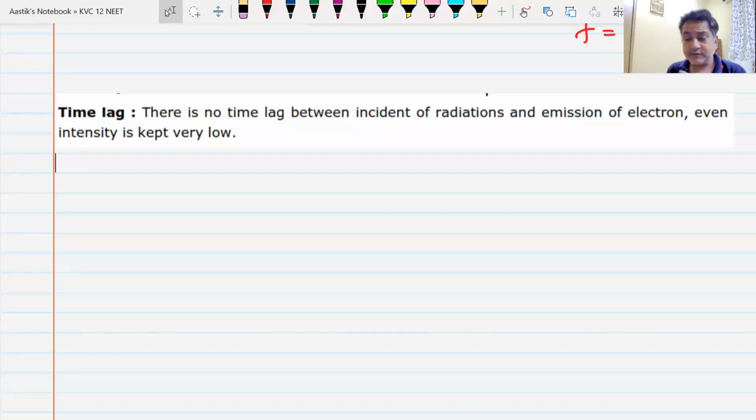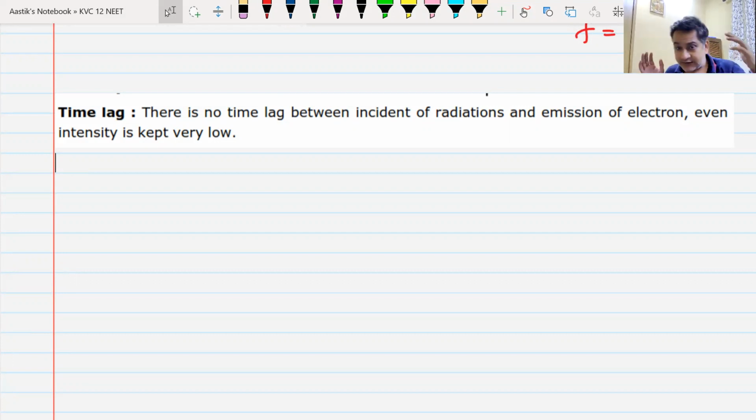Good. Okay. The next thing, probably the last of the things that you have to remember, is the time lag here. Now, this is an important aspect of this entire discussion because there are 3 or 4 points which make us realize and believe that this is because of the particle nature of light and not the wave nature of light.